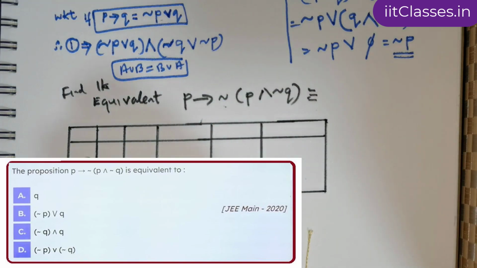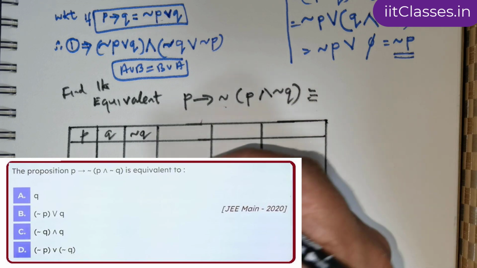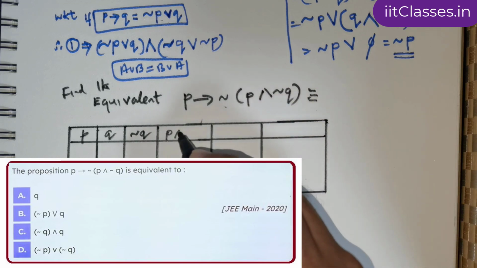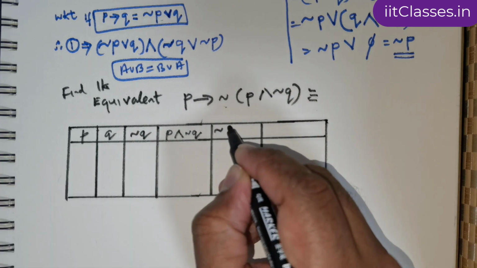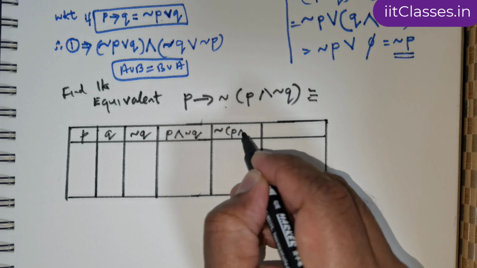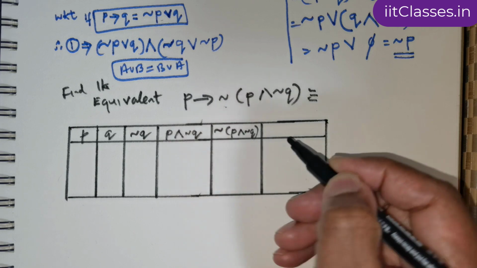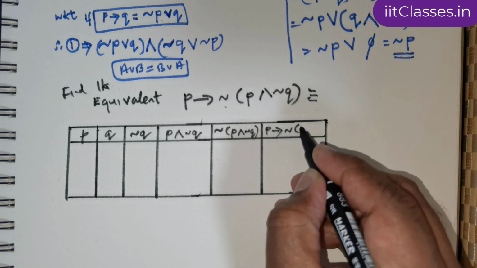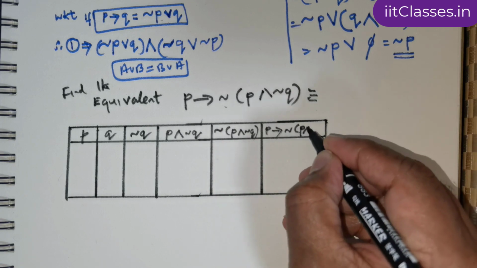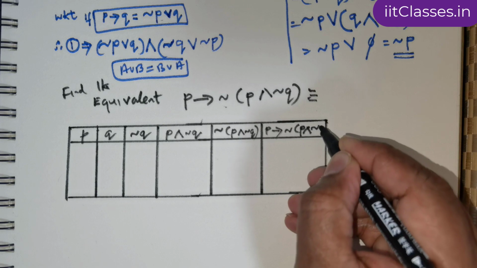Okay, so this is my P, this is my Q, this is negation of Q, this is my P conjunction negation of Q, this is negation of P conjunction negation of Q, this is P conditional negation of P conjunction negation of Q.